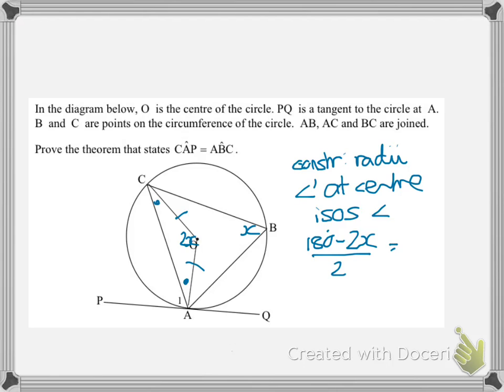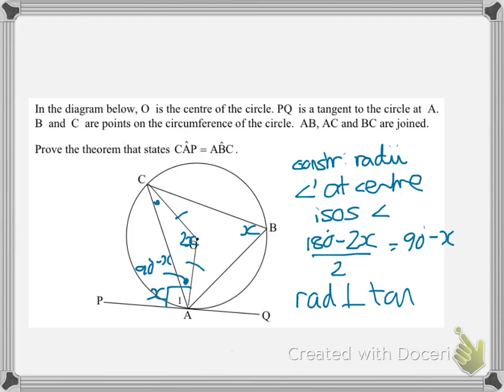So what's that? 90 minus x. Which means this little angle here is 90 minus x. But don't forget, the whole of that angle, because of rad perp tan, is 90. So if the whole angle is 90 and that little dot is 90 minus x, it means A1 is x.